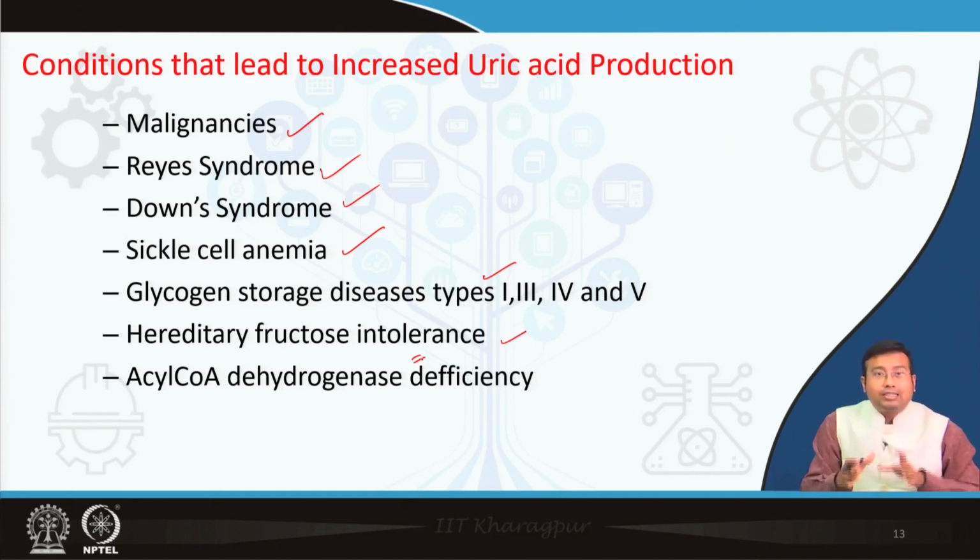It is time that you start revising all your lessons, because very soon we will be starting integration of metabolism, which mandates you to have a comprehensive idea about all metabolism, carbohydrate, protein, lipid, nucleotide, so that we can tie all together. It is easier for you to understand. So hereditary fructose intolerance should be something that you revise. Anyway, let me tell you, in hereditary fructose intolerance, the fructose is trapped as fructose 1-phosphate.